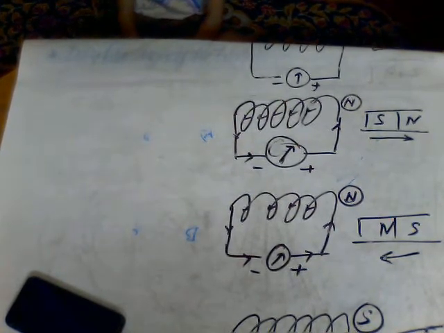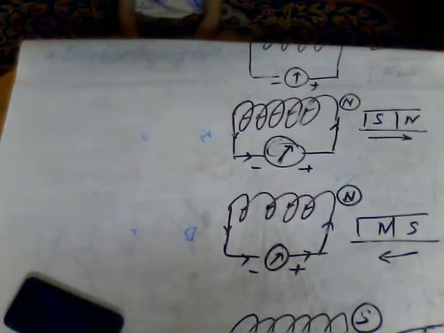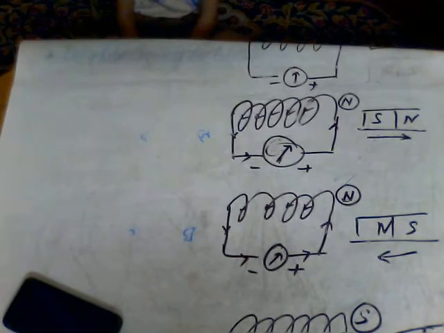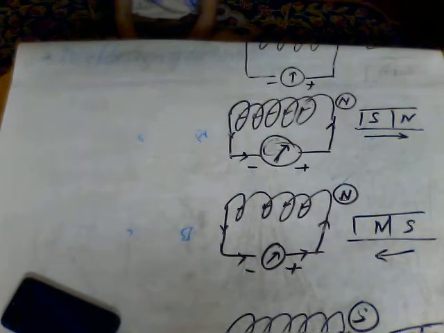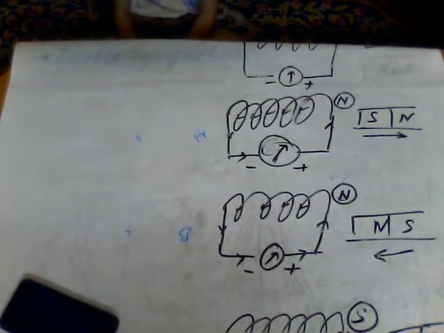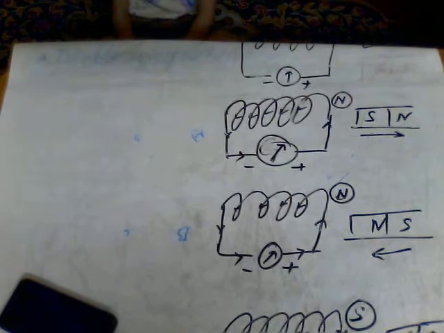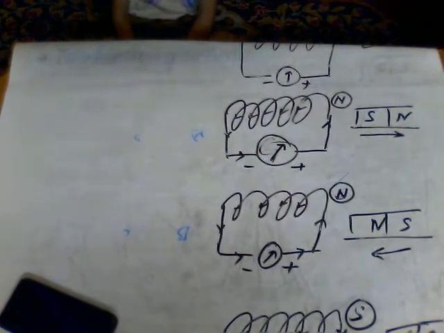In this sixth figure, the north pole of the magnet is in front of the solenoid, but while we move the magnet away from the solenoid, the current direction is also from left to right. So the needle moves in the opposite direction to the magnet.